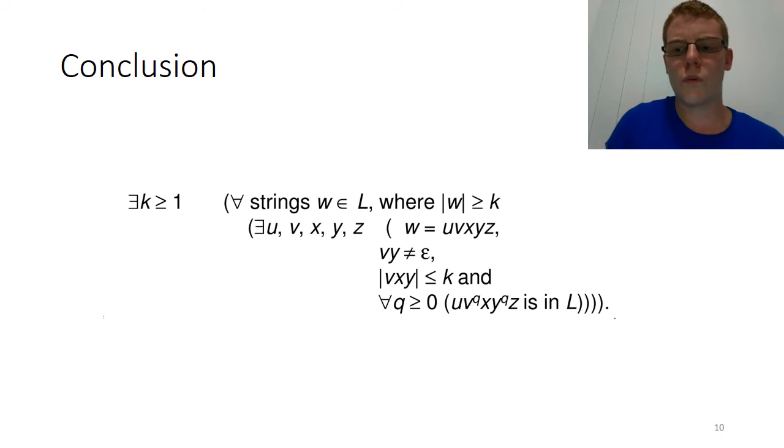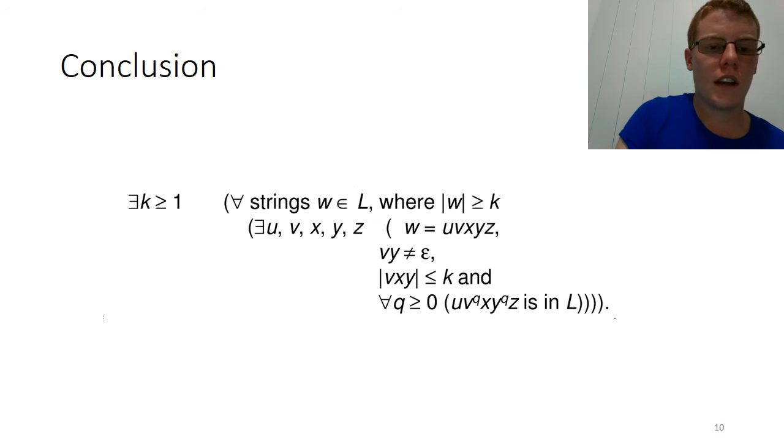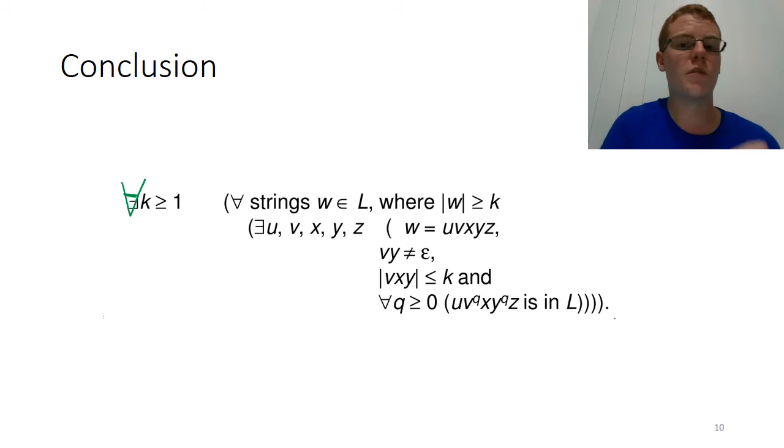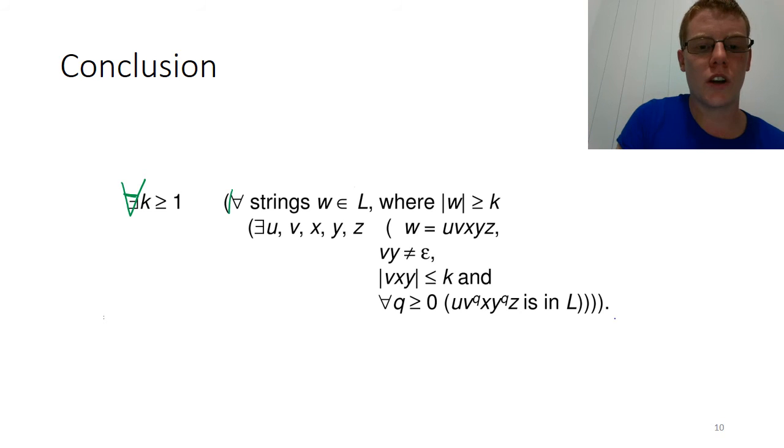So in conclusion, what we've managed to show is that for every positive k, and we did this because we reasoned about our string in terms of k without ever setting k to be a value. So if our proof worked in terms of some arbitrary k, then it works for all k. And then we've shown that there is a string because we picked one.